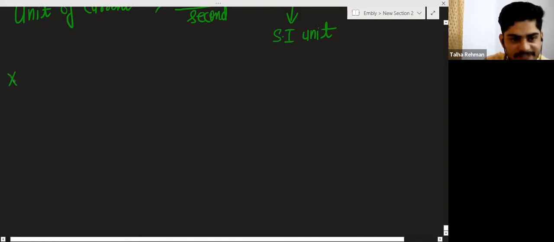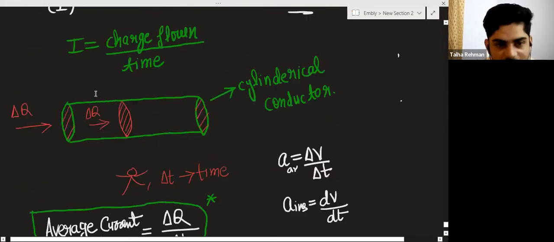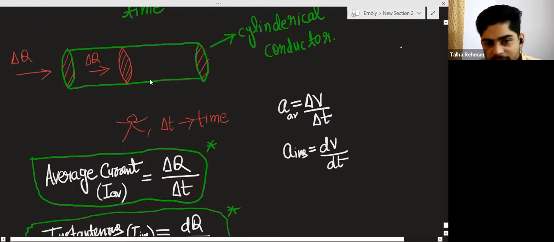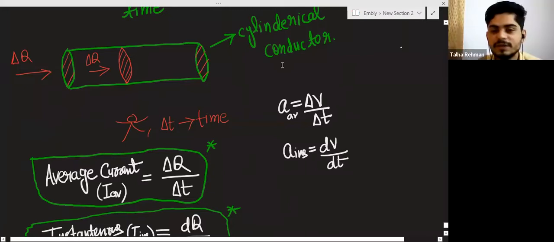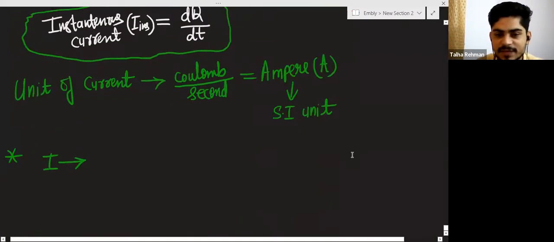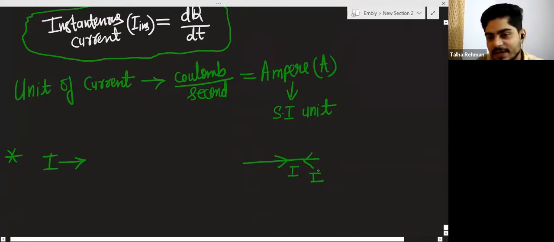I have represented current with I. Charge is flowing in this direction, so the current is flowing in this direction. This is the wire, and current can flow in this direction also. So current has a direction.